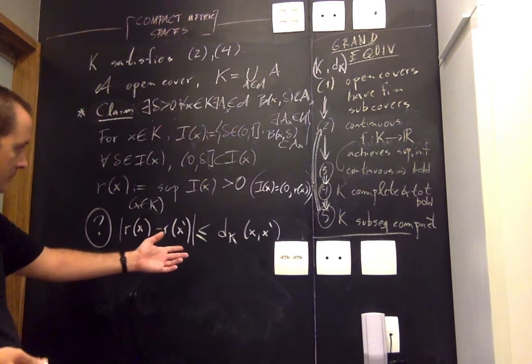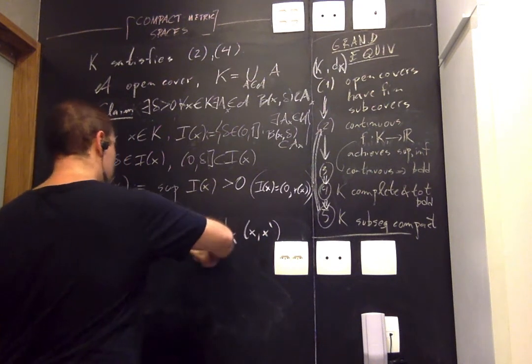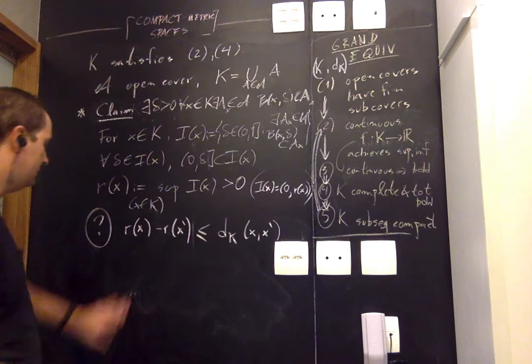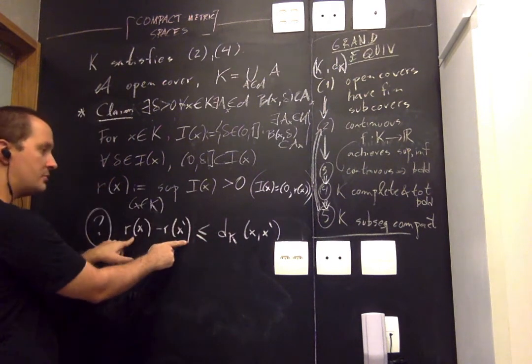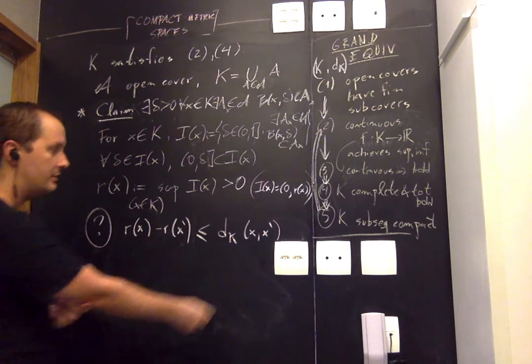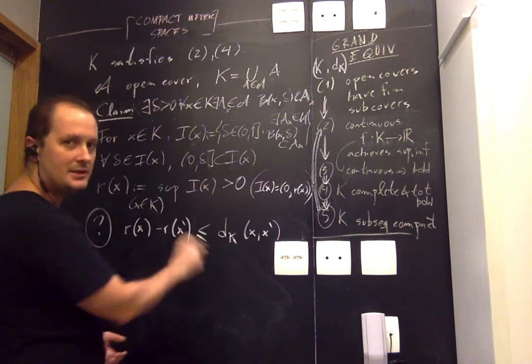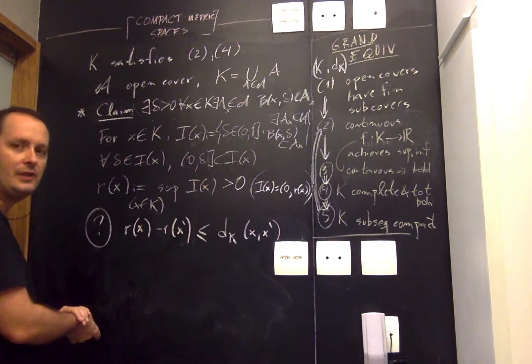So that's what a one-Lipschitz function satisfies, except that we don't actually need to prove all of that. We just need to prove this without the absolute value. And I think that by now we know why that is, because if I have this for all x and x prime, I can reverse the roles and I have an inequality for R of x prime minus R of x, bounded by the same distance, because the distance is symmetric. And therefore I have an inequality for the absolute value.